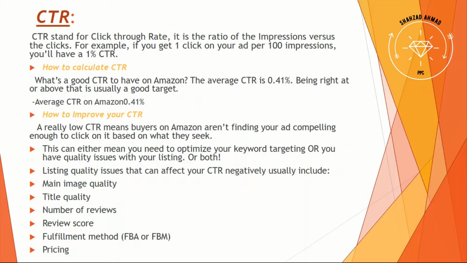Low CTR is caused by ad position and irrelevant ads. There are causes for low CTR, and there are ways to improve your CTR. You have to improve the quality of your listing, improve your main image, improve your title. Make your ad relevant so your CTR will improve, and it must be above 0.41%.